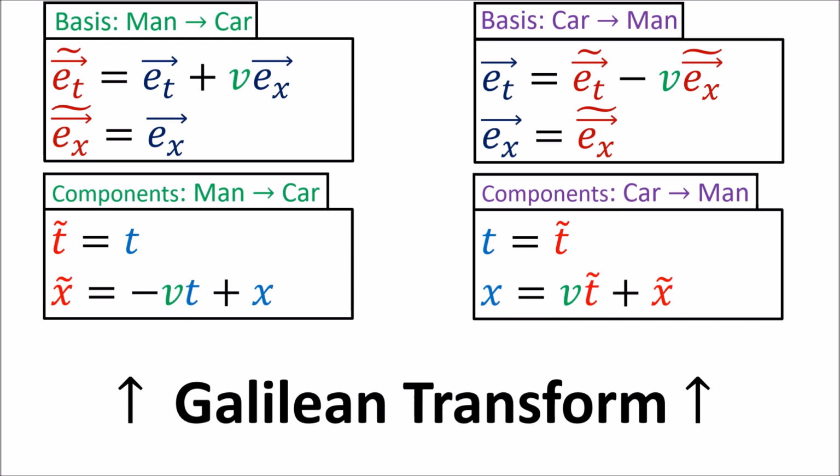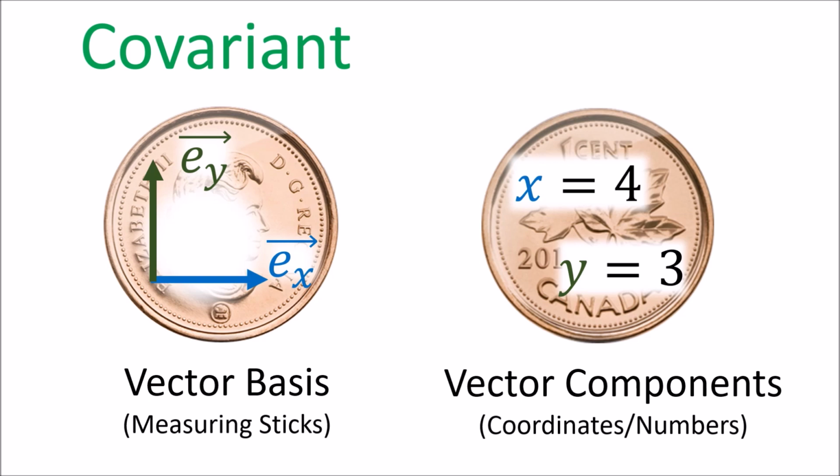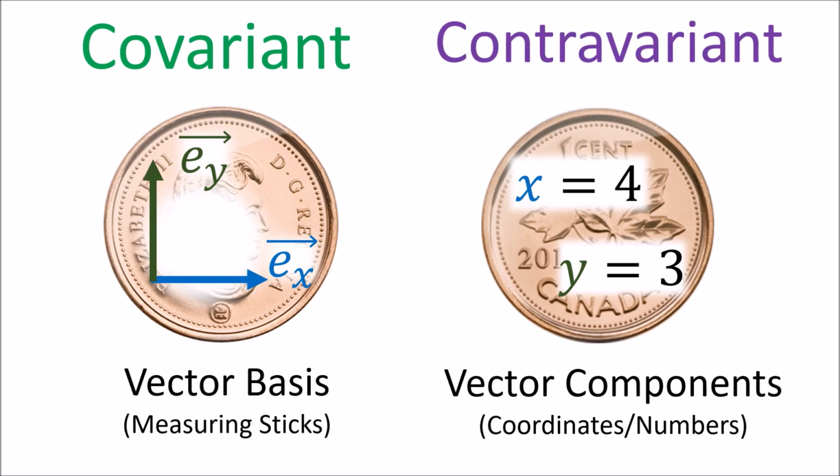Now, what might be less obvious is why we have a plus v here for changing the basis from the man to the car, and we have a minus v here for changing the components from the man to the car. And the reason for this change in sign is covariance and contravariance. Remember that basis vectors are covariant and vector components are contravariant, which means they do the opposite thing that basis vectors do.